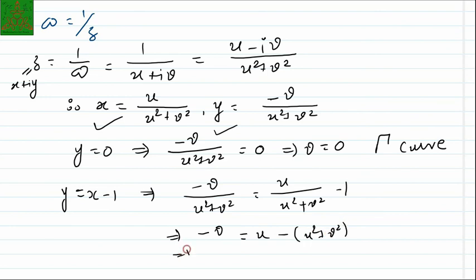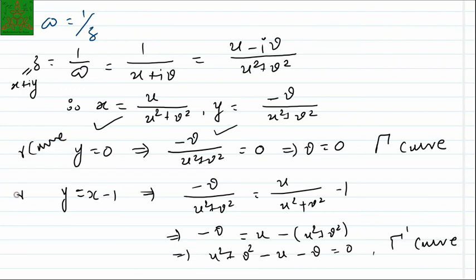Hence this gives u² + v² - u - v = 0. This is the other curve, the gamma dash curve. Its image is this, and this represents a circle.